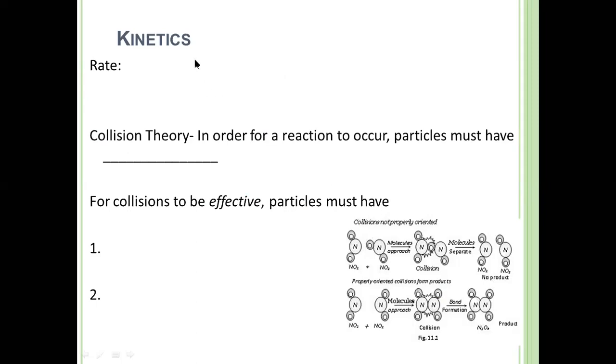Okay, so rate of reaction is basically how quickly a reaction occurs. So if you think of things that we measure rate of, like speed in your car, like miles per hour, you don't have to write this down.